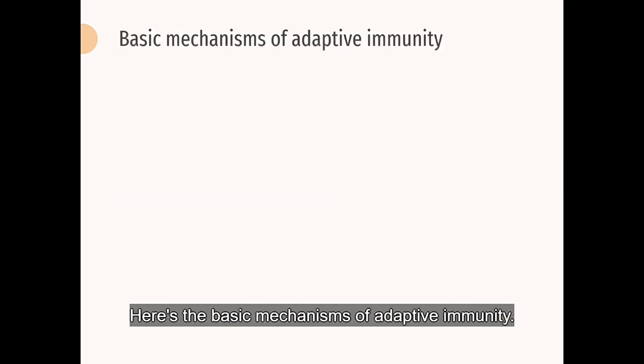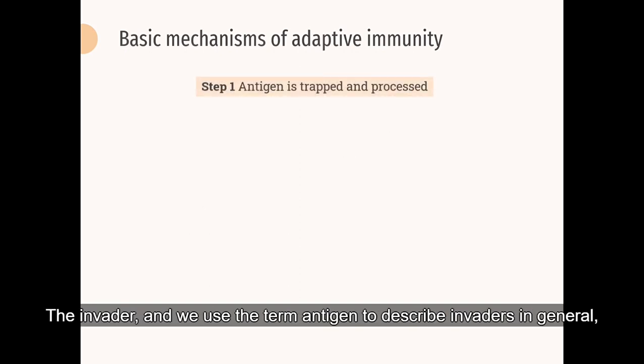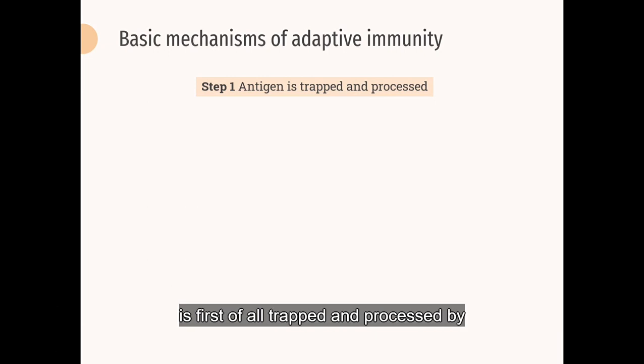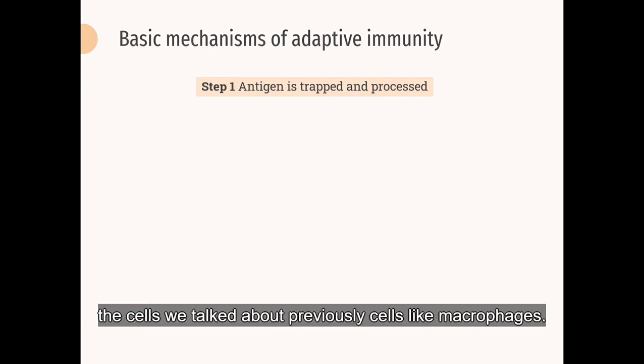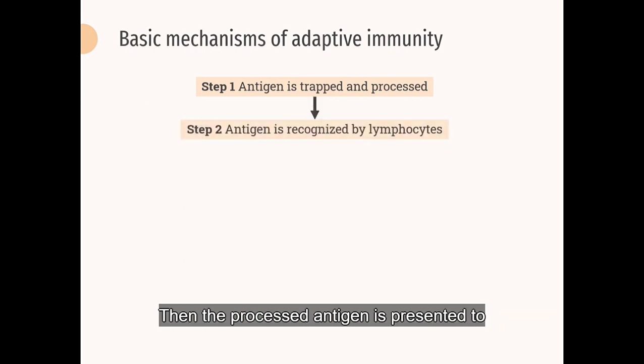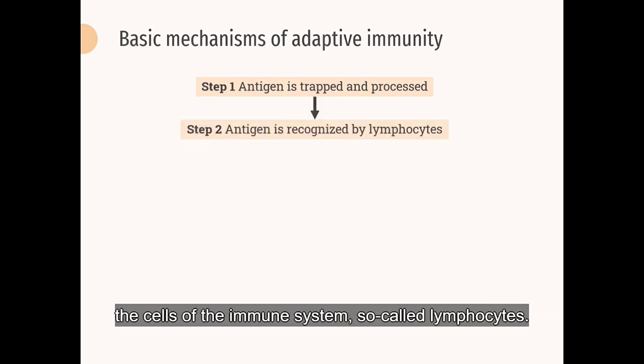Here's the basic mechanisms of adaptive immunity. The invader, and we use the term antigen to describe invaders in general, is first of all trapped and processed by the cells we talked about previously, cells like macrophages. Then the processed antigen is presented to the cells of the immune system, so called lymphocytes.